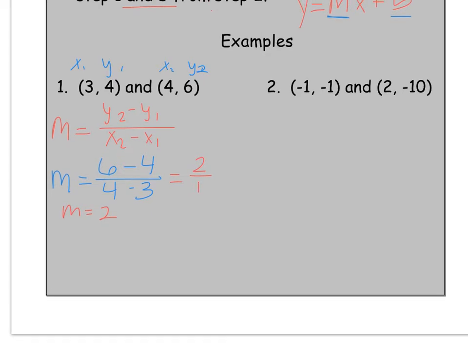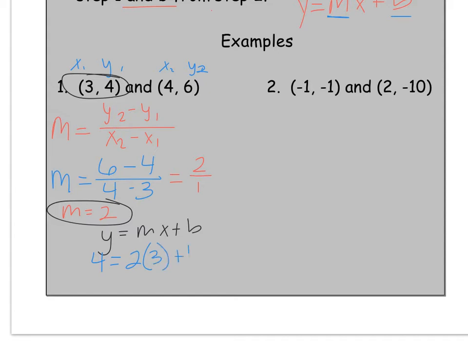Now that I have my slope, I'm going to take my slope and an ordered pair, you can pick either one, and plug it into y equals mx plus b. So I plug in for y, which was 4, m, which is 2, x, which is 3. I'm going to solve for b.